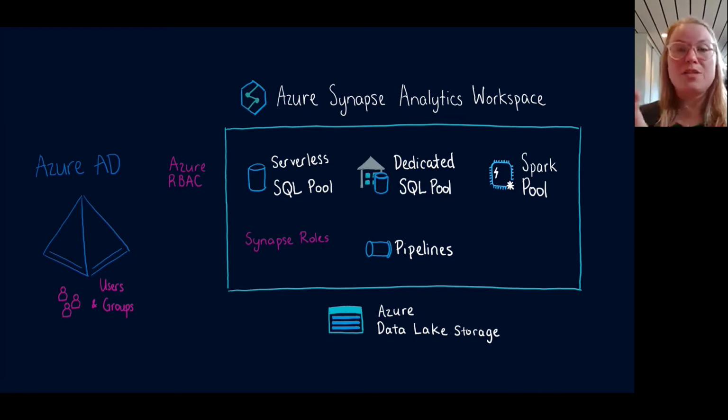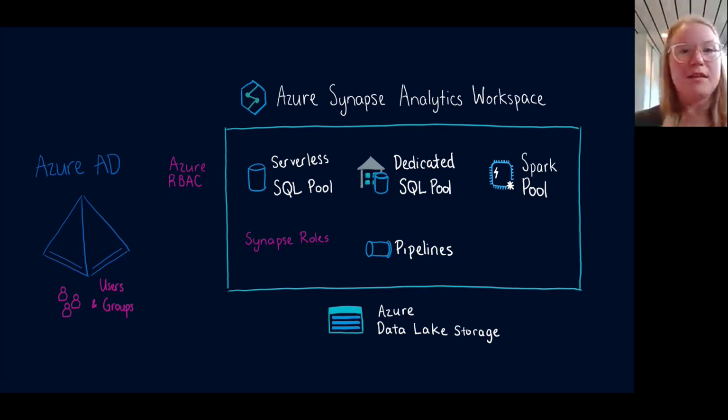So you can really think of the distinction that Azure RBAC is for the management of the services, whereas the Synapse roles give you access within the workspace itself. So you gain access to running notebooks, SQL scripts, creating pipelines, and so forth with these Synapse roles. But there are many different roles that you are able to use.